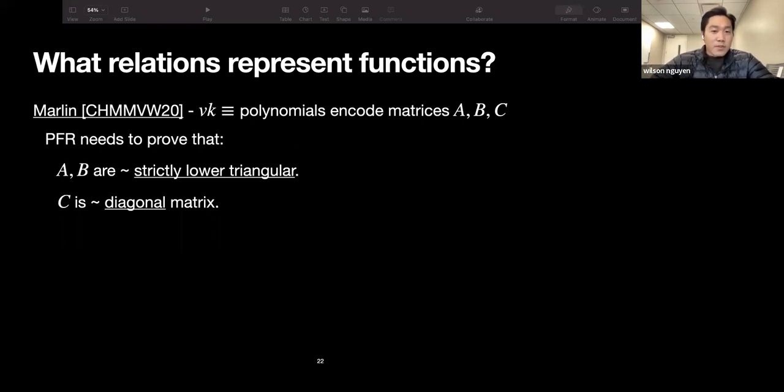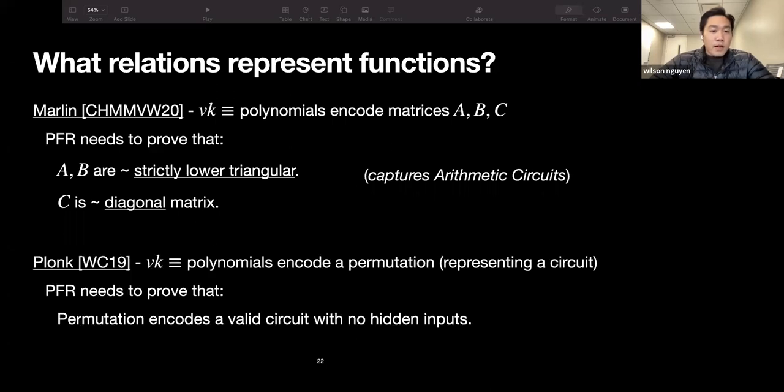You're just going to have to believe me about this. And that these happen to actually capture arithmetic circuits as well. You're going to have to believe me on that. Plonk, you can think of it as a preprocessing ZK SNARK in which the verifying key represents polynomials encoded as a permutation, which somehow represent a circuit. In this case, the proof of function relation needs to prove that the permutation encodes a valid circuit with no hidden inputs.